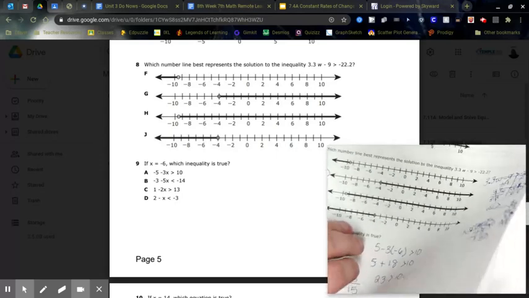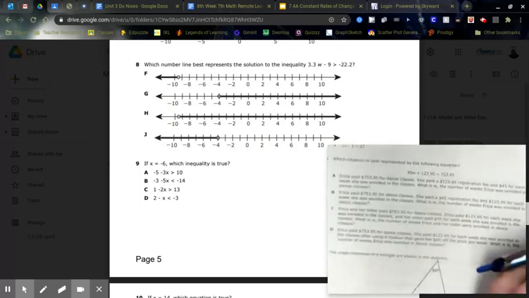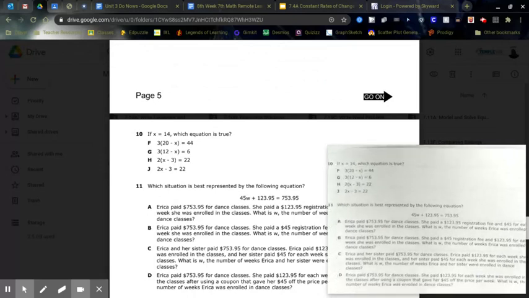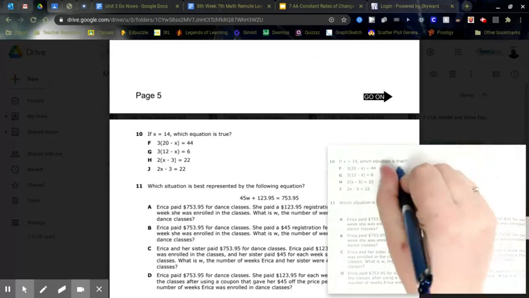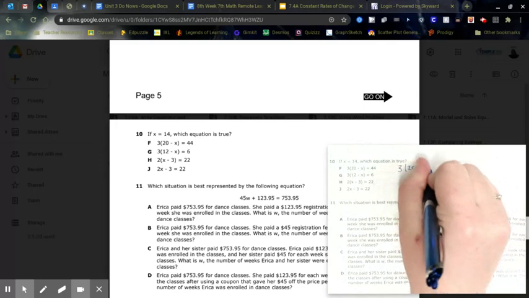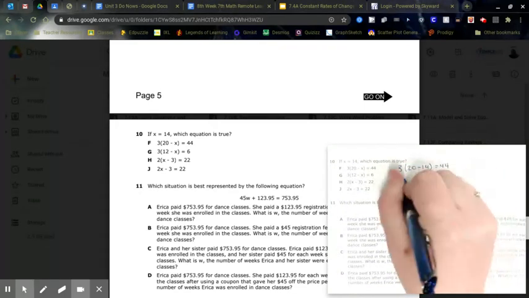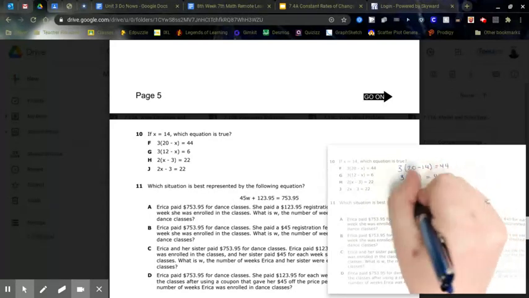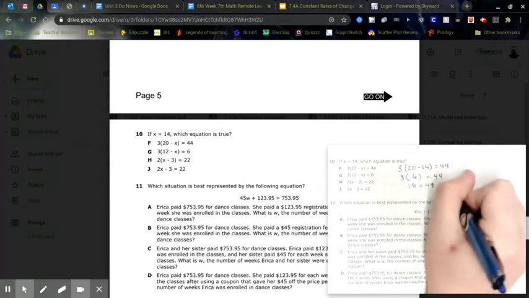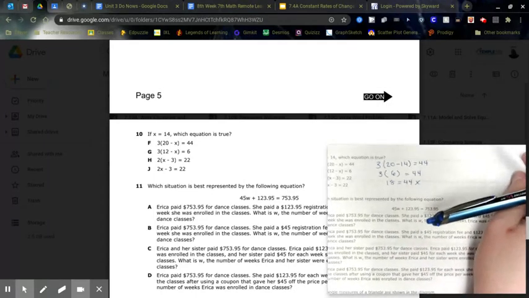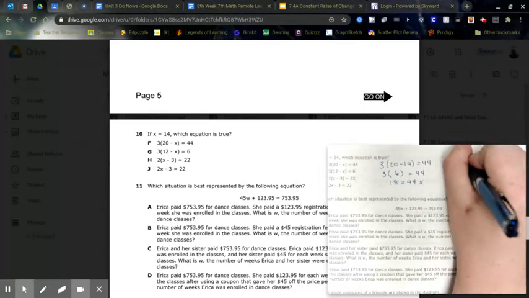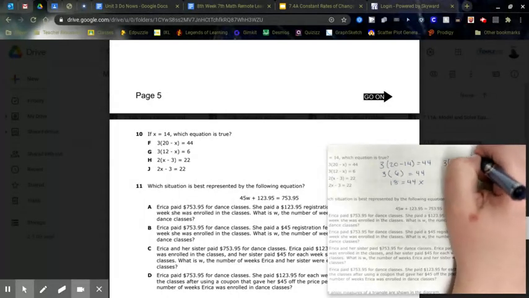Okay. Number 10. If x equals 14, which equation is true? So let's look at it. 3 times 20 minus 14 equals 44. 3 times 6 is 18. Does 18 equal 44? Nah, so we're not going to do that. 3 times 12 minus 14 equals 6.